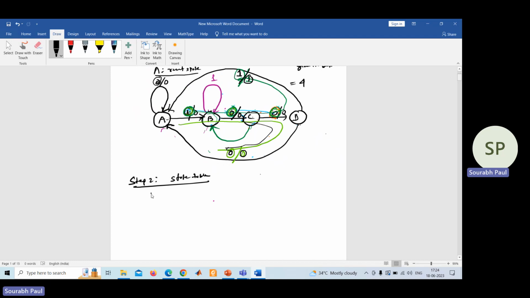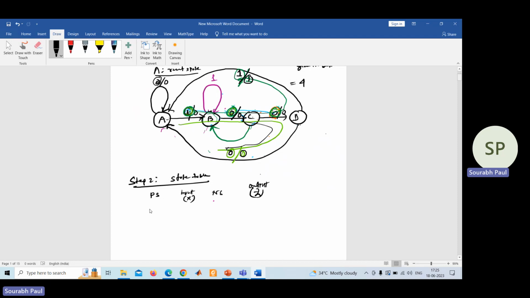This is present state. Then you should have input, next state, and the output Z. For input, we can use capital X to represent the input variable, and output variable is represented by Z here.